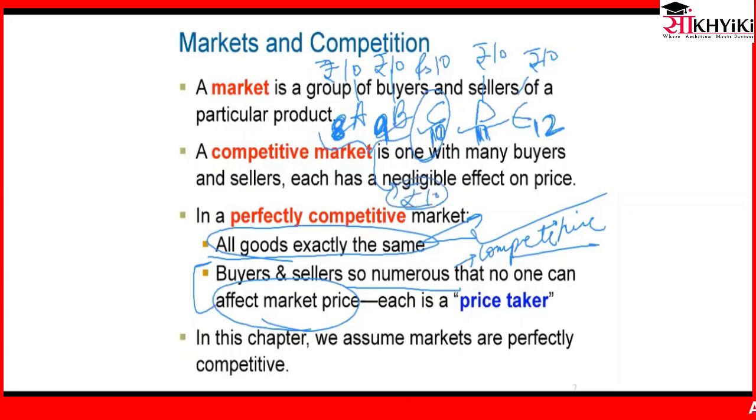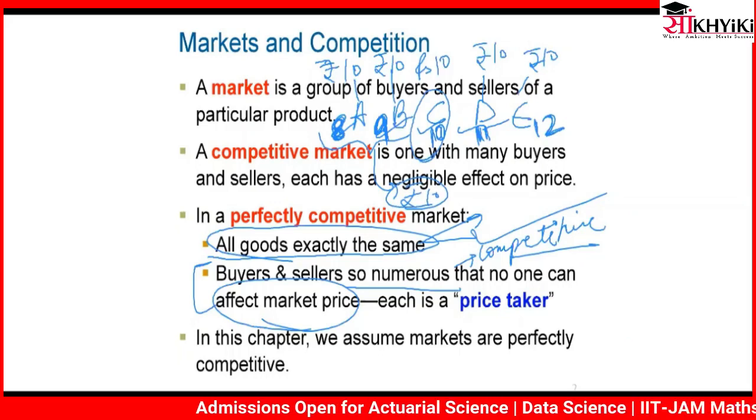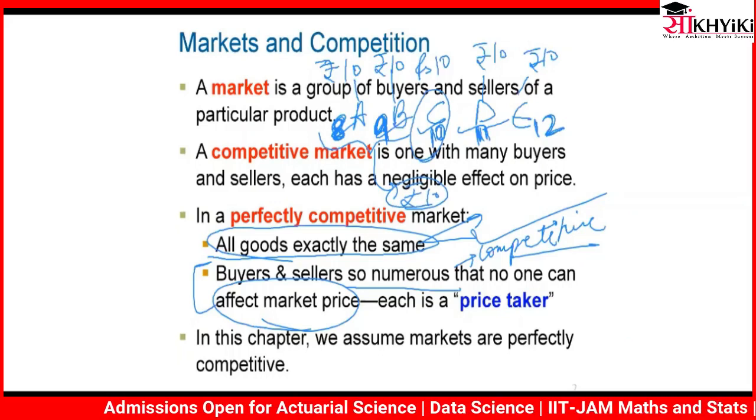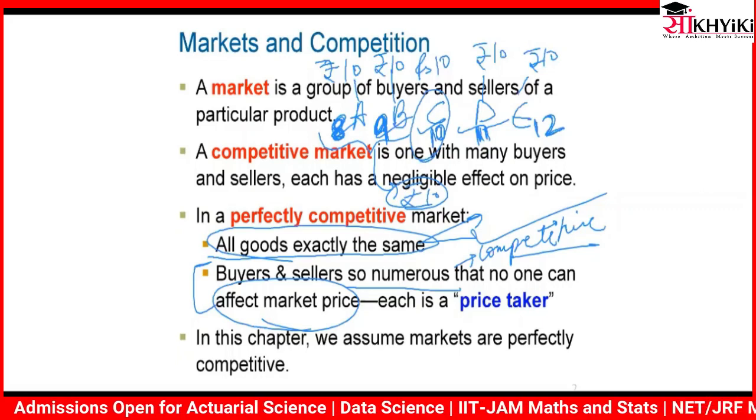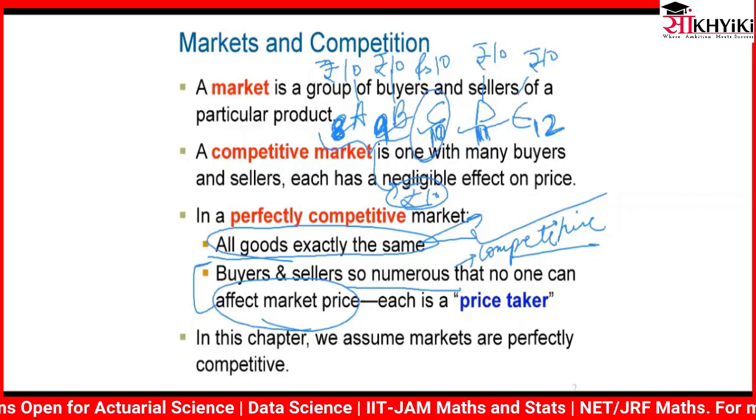Because now they are at a loss, why not make at least some profit? If not profit, at least a no loss, no profit situation. So in this case, what really happens is that A and B either exit the market or they start increasing the price.